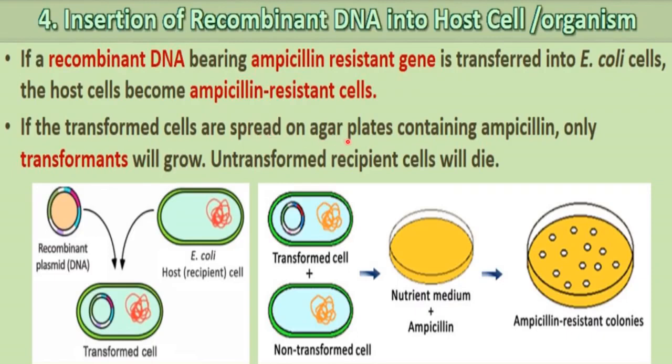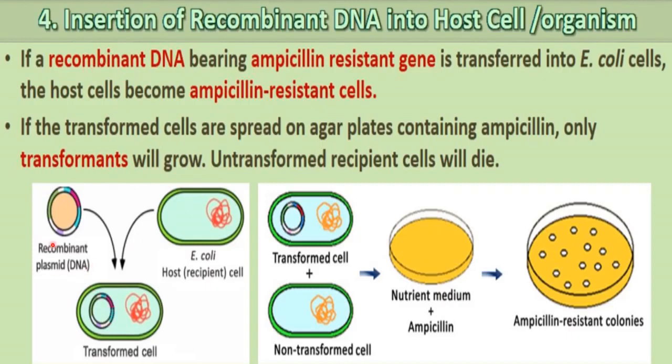Okay, so if these are spread on the agar plates containing ampicillin, only transformants will grow, and untransformed recipient cells will die, because these untransformed recipient cells will not have that resistant power to ampicillin. Okay, so only the transformants will grow, because those have got the resistant power due to this recombinant DNA, right?